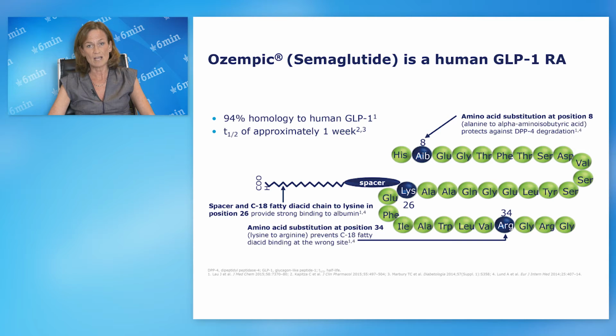Three different amino acid substitutions have been conducted, and then there is a fatty acid chain which has been attached to the peptide. These rather small changes dramatically change the pharmacokinetic profile of GLP-1, going from a half-life of minutes up to a half-life of 1 week, making it suitable as a once-weekly injection.